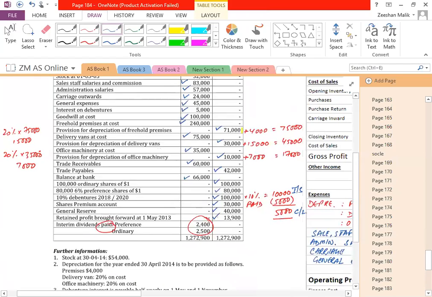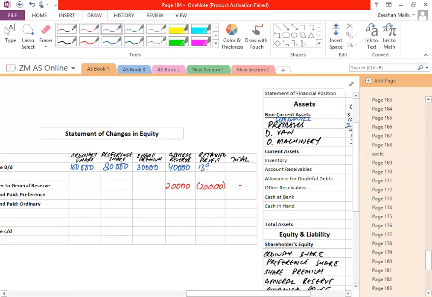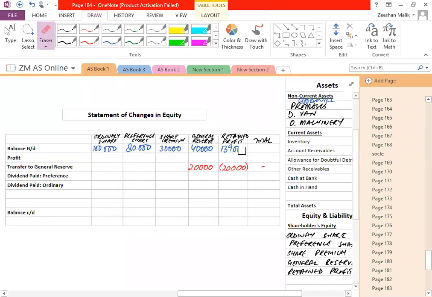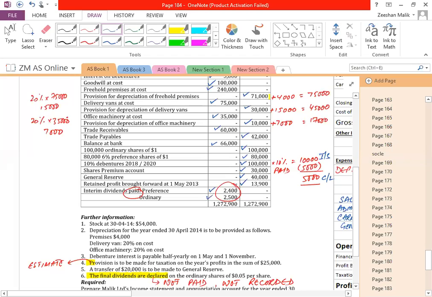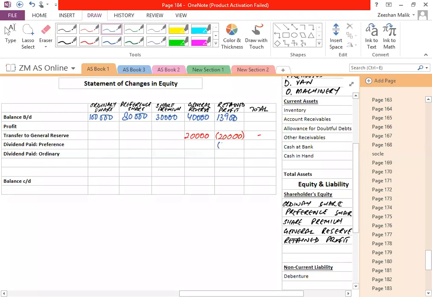Retained profit 13,900. This is a brought down of retained profit. Then we have dividend paid. Look at here, 2,400 and 2,500.